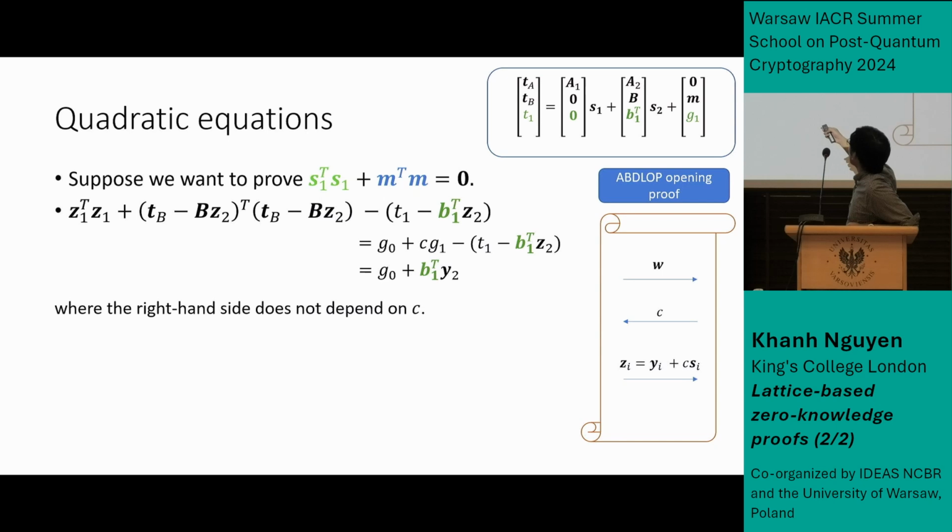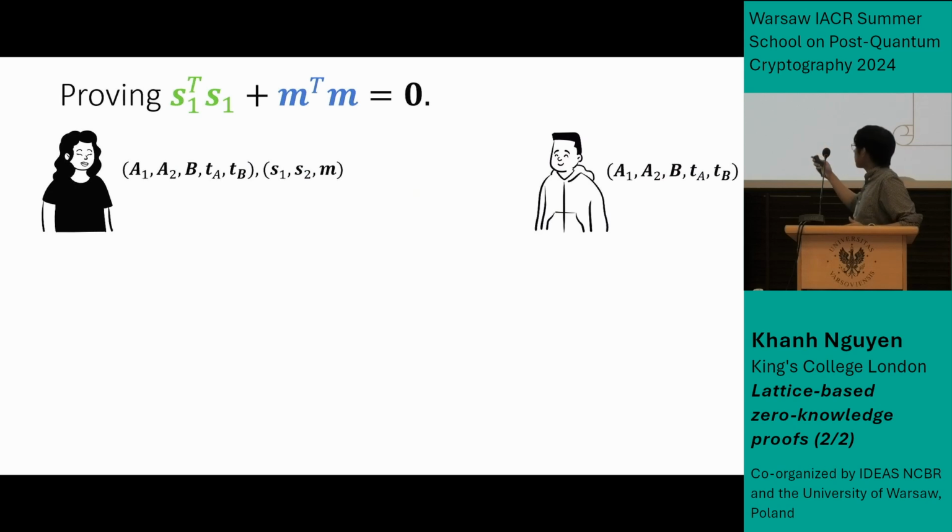So in particular, I can get rid of the CG1, and I have things which don't depend on C anymore. So we know that CG1 is equal to T1 minus B1 transpose Z2. So the left-hand side, that the verifier can compute themselves, can be written as G0 plus B1 transpose Y2, which doesn't depend on C. But yes, there was this quadratic term, but it's 0, right? Because that's what we wanted to prove.